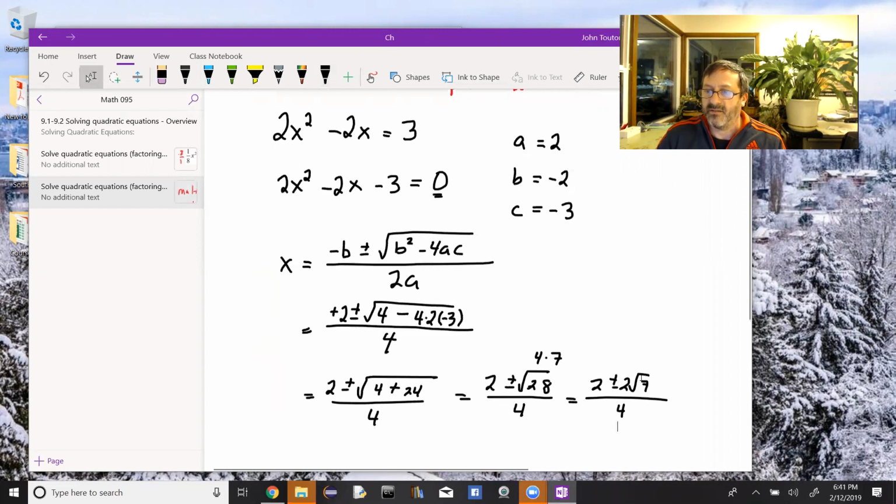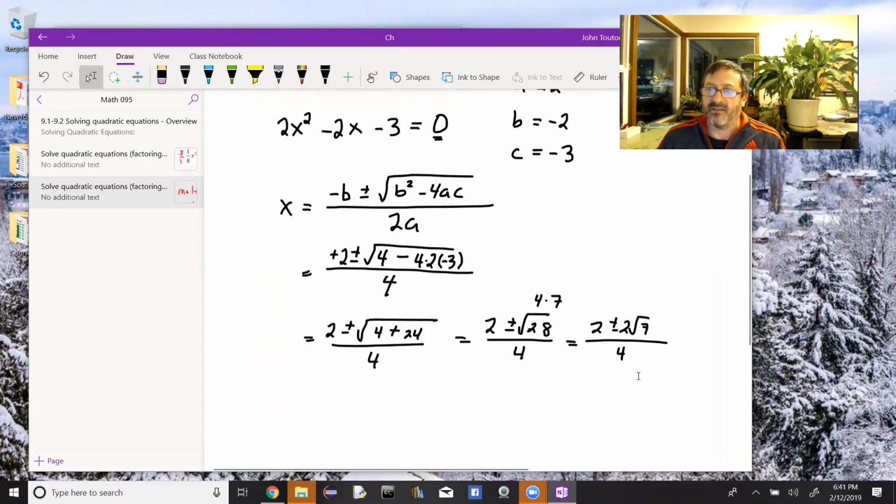And then I'd like to, if I can, reduce this down. So if you're going to reduce this fraction, the value that you cancel has to cancel all 3 pieces, meaning the 2 terms on top and the term on bottom. So what cancels here is a factor of 2.